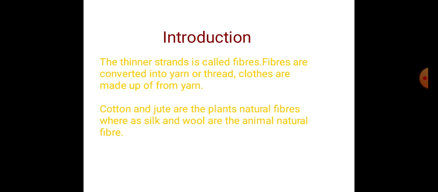We also know about cotton and jute, the plants from where fiber is collected to make thread, and later from the thread, fabric. Cotton and jute are natural fibers as well as plant fibers. Remember, plant fiber, and it is also a natural fiber.